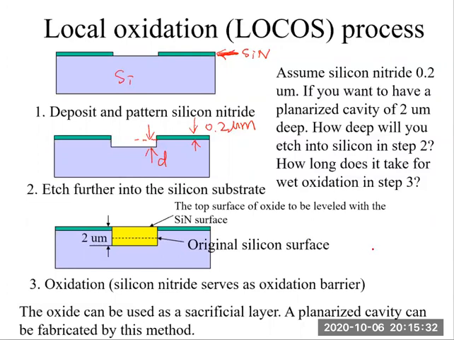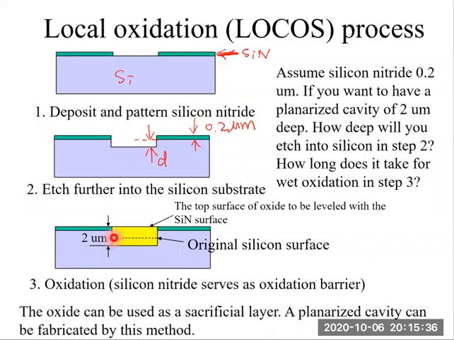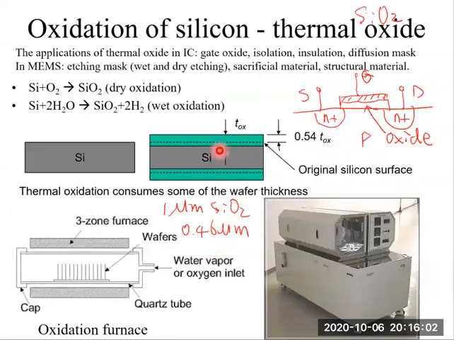Actually, very simple. We know that this dashed line stands for the original silicon surface, right? And the silicon dioxide above this original silicon surface accounts for 54% of the total thickness.